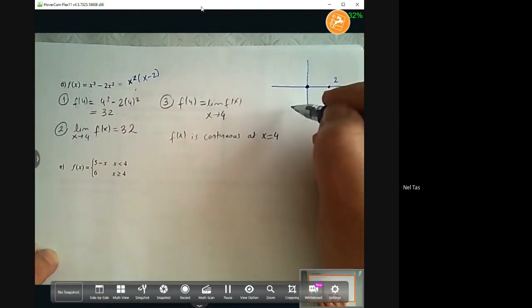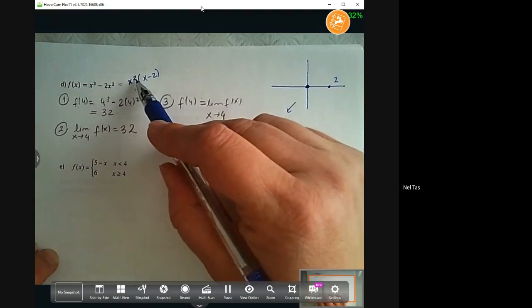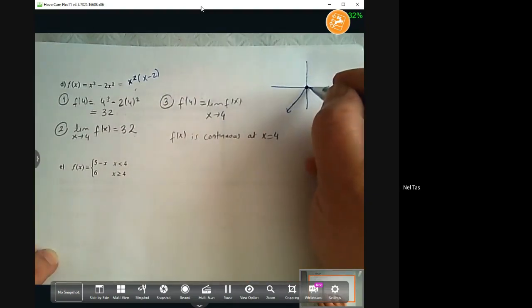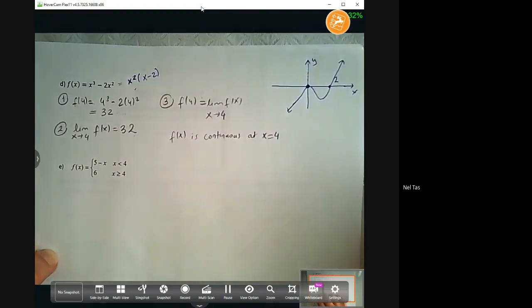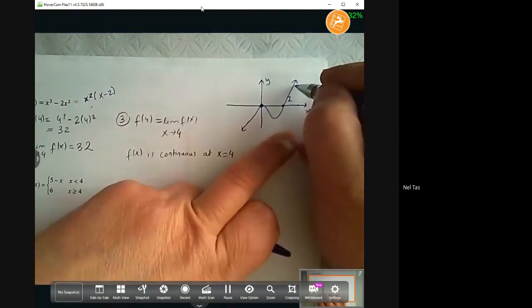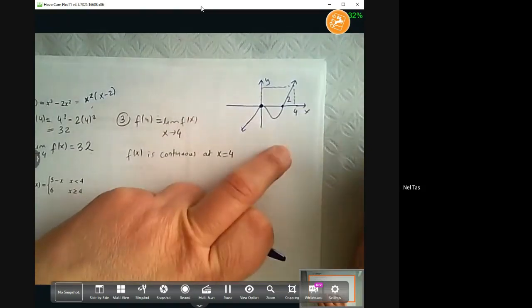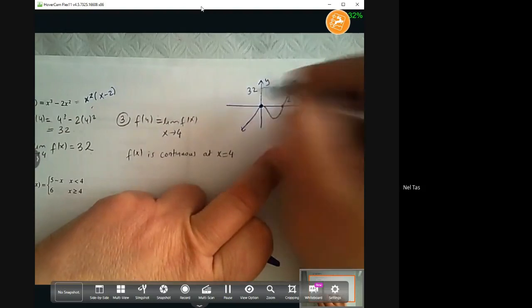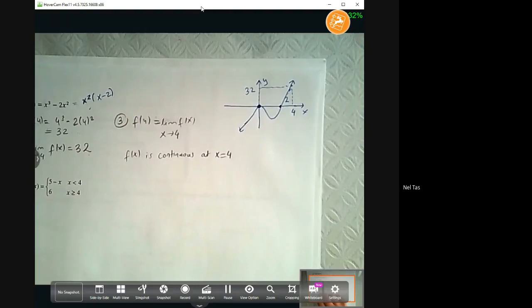It goes from quadrant 3 to quadrant 1. So there is an order 2 at x equals 0. It is going to bounce off at 0 and pass through 2. And as you see, if we look at 4, that value is 32. The function is continuous at x equals 4.